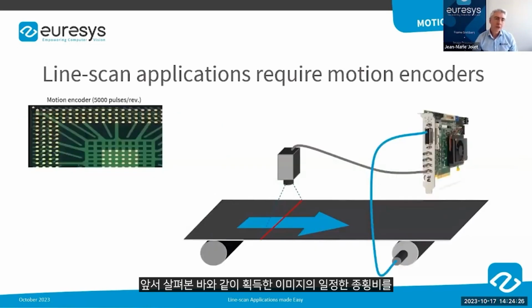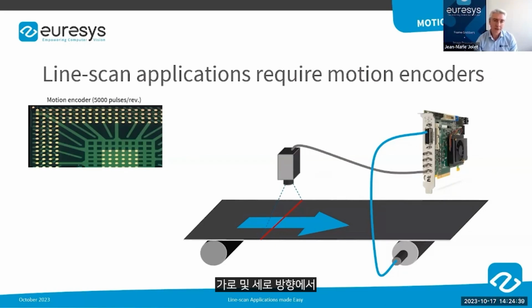As we have seen, the usage of motion encoders is mandatory to achieve a constant aspect ratio of the acquired images. However, obtaining the same resolution in the horizontal and vertical direction, what is typically referred to as square pixels, might be difficult because motion encoders featuring the exact required number of pulses per revolution are not always available.